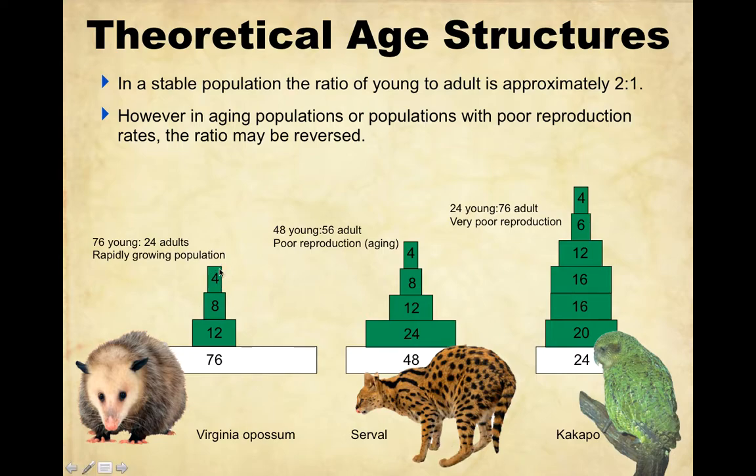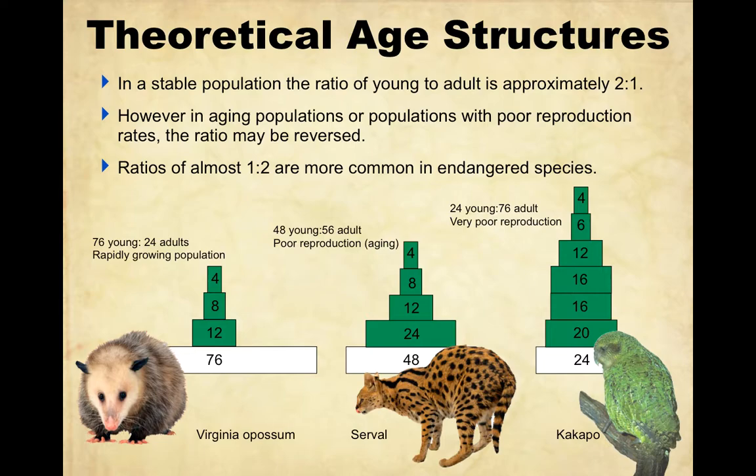It's always going to be some sort of pyramid-ish shape, but if you want the population to be stable, then the young is going to be double that of the subsequent population. So over here, this is a fairly stable population.